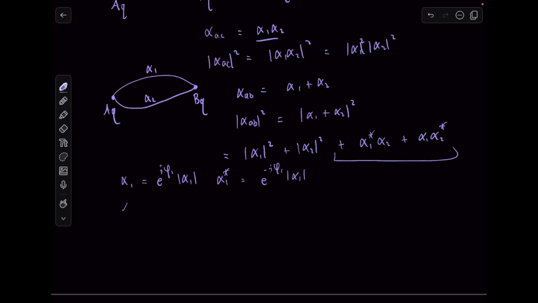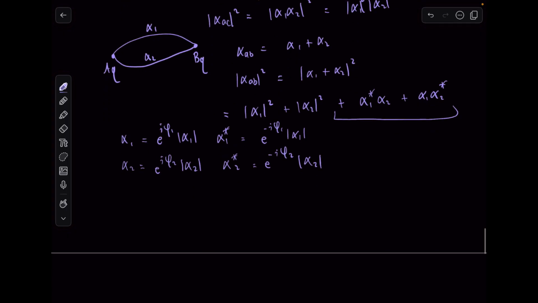And the same goes for alpha 2. We'll call it e to the i phi 2 times alpha 2, and then the complex conjugate is e to the negative i phi 2 times the modulus of alpha 2. And remember that e to the i phi is equal to cosine phi plus i times sine phi.